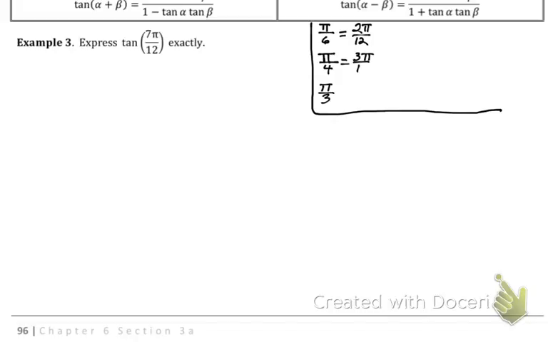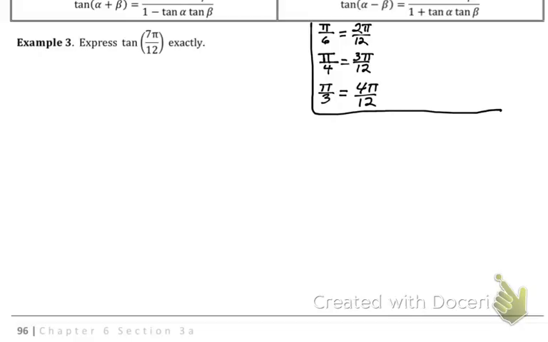And finally, pi over 3 is the same thing as 4 pi over 12. And now I'm just picking 2 of those that either add to 7 pi over 12 or subtract to give me 7 pi over 12.